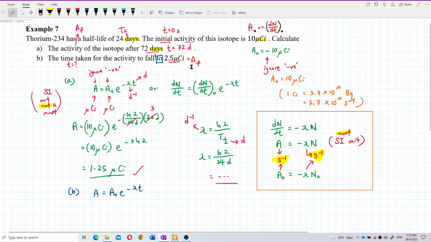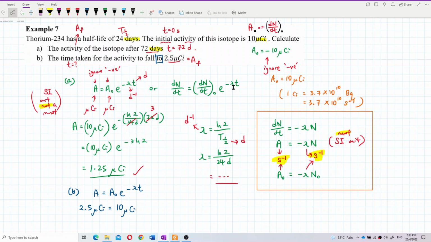So this is the final activity. So please write 2.5 microcurie. My initial activity is 10 microcurie.